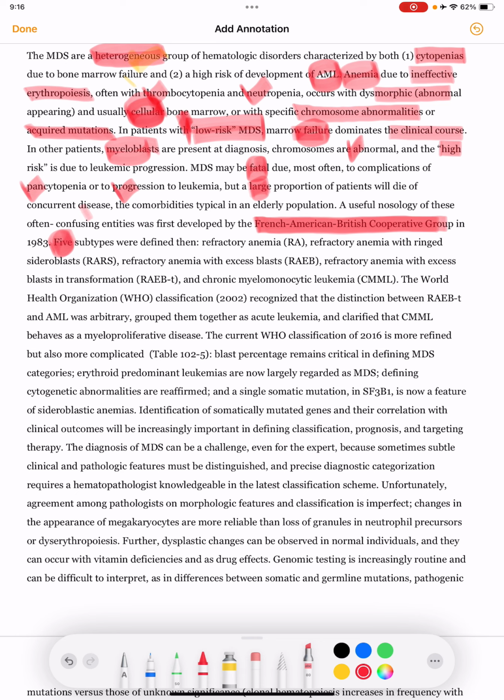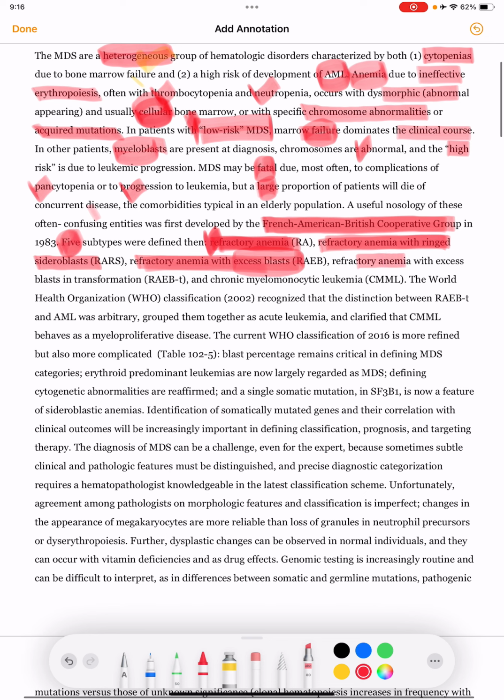Refractory anemia, refractory anemia with ringed sideroblasts, refractory anemia with excess blasts, so in high risk we know there will be excess blasts, refractory anemia with excess blasts in transformation, and chronic myelomonocytic leukemia.